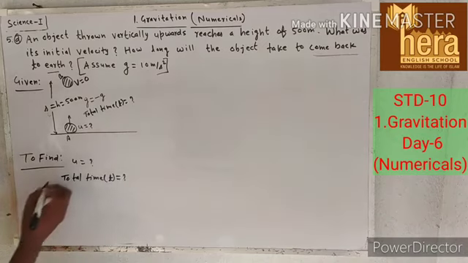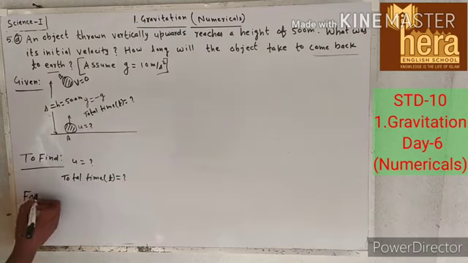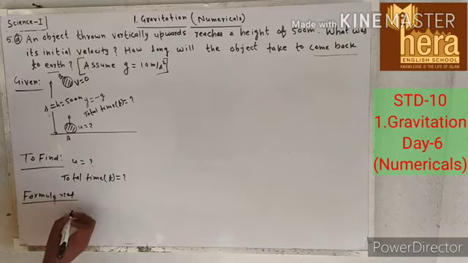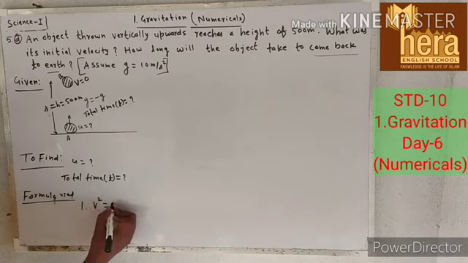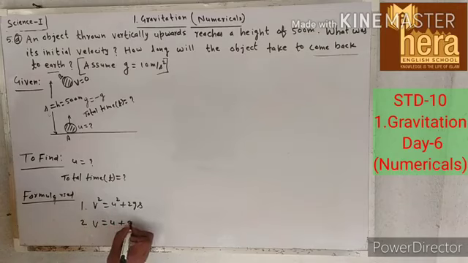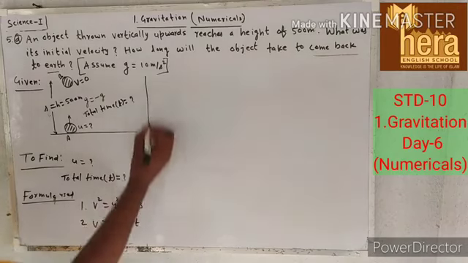Then formula used. In this, there are two formulas. First one is v square is equal to u square plus 2gs, this is the main formula. Second, v is equal to u plus gt. Okay?